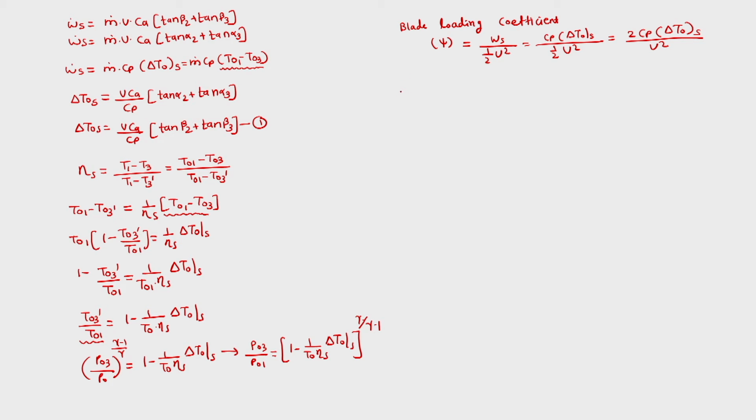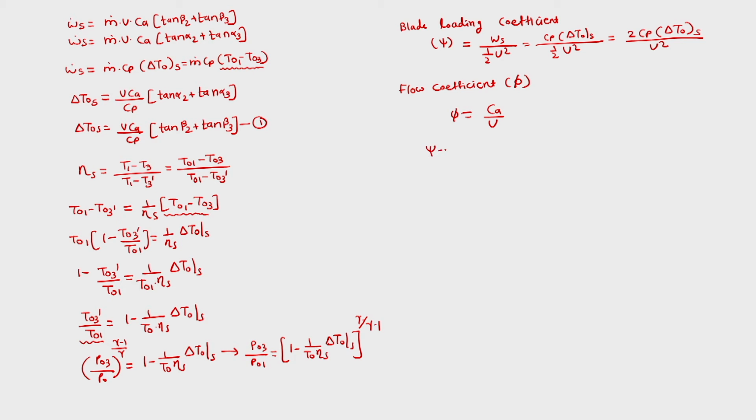Similarly, there is another constant which is called the flow coefficient, and it is termed phi, and phi is equal to Ca by u. So Ca by u is equal to phi.